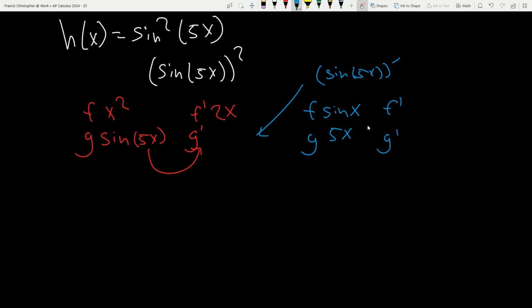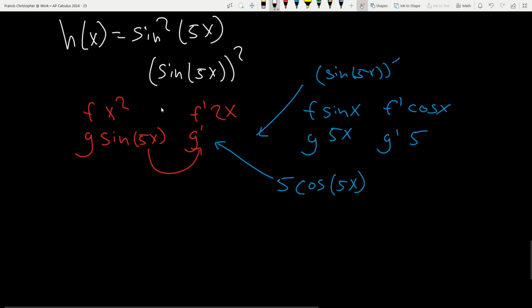F prime is just cosine of x, and then g prime is 5. Recalling the chain rule, we have f prime of g, which is cosine of 5x, times g prime, which I'll put in the front. So g prime equals 5 cosine 5x.